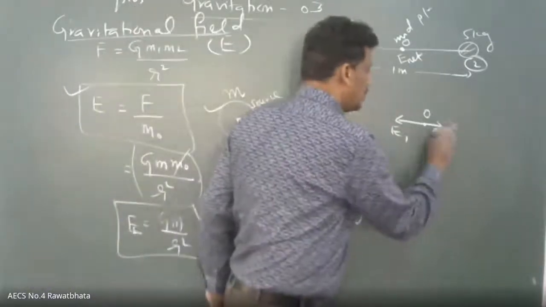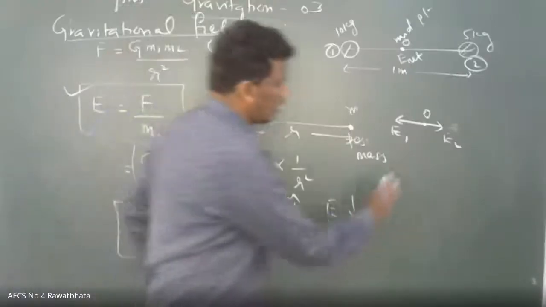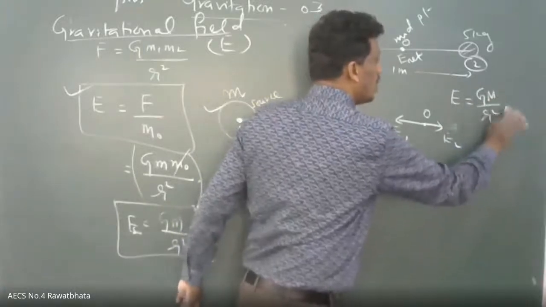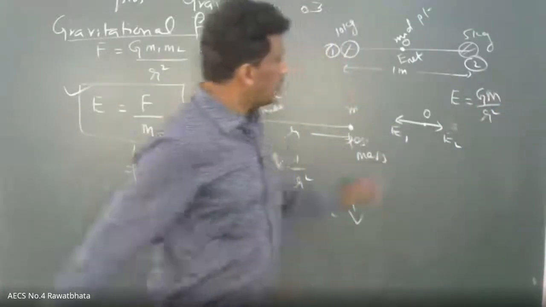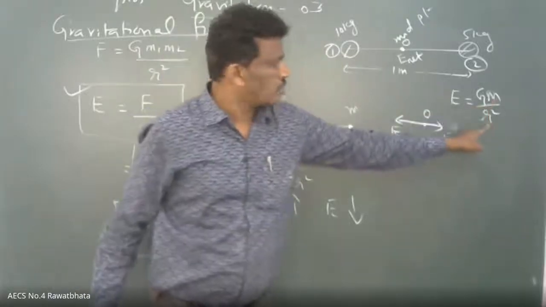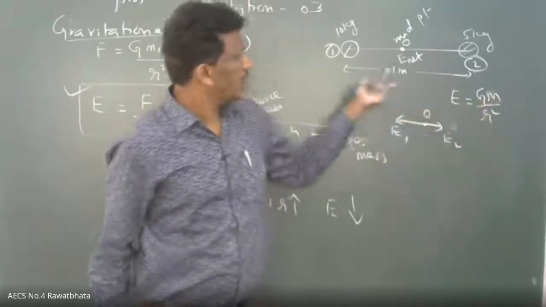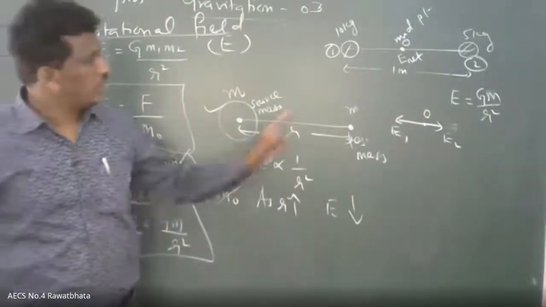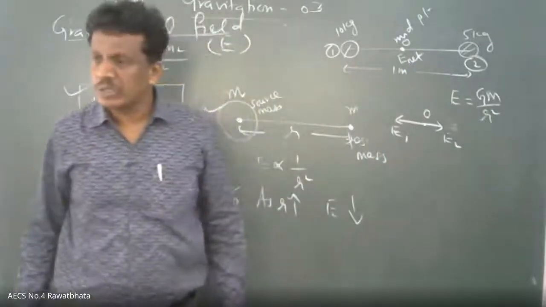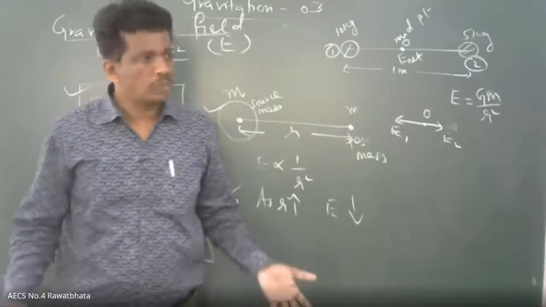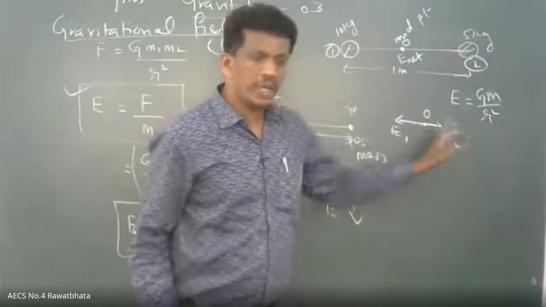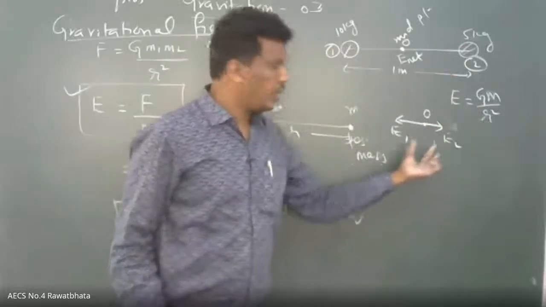Towards the 10 kg. Where will E2 act? Towards the 5 kg. How to find E1 and E2? The formula is GM by R square: E1 equals G M1 by R1 square, E2 equals G M2 by R2 square. The total distance is 1 meter, so what will be the value of R1, R2? 1 by 2. So the distances and M1, M2 you know; find out E1 and E2.